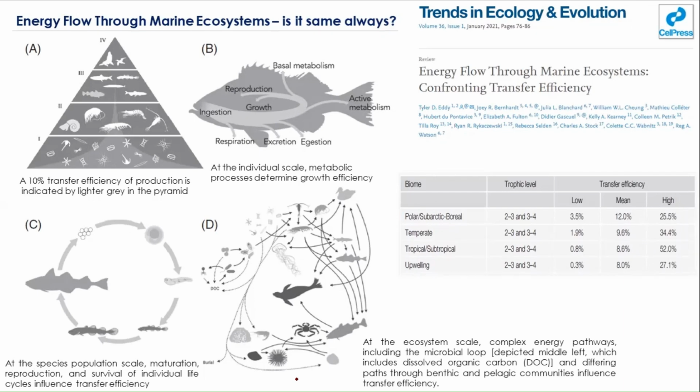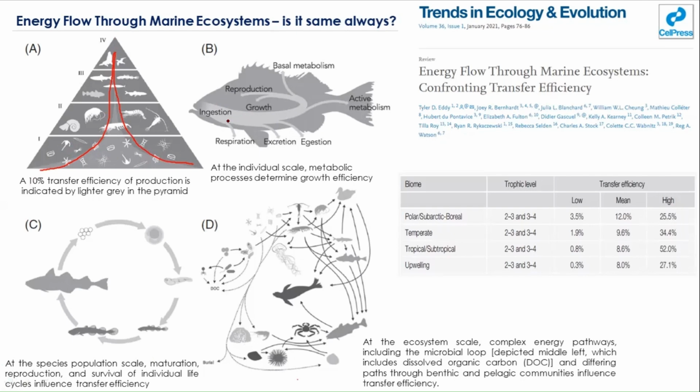Now, in the graph here, you can see the light gray part; this is the 10% rule, or you can say that at every trophic level only 10% of the energy will be transferred to the higher trophic level.